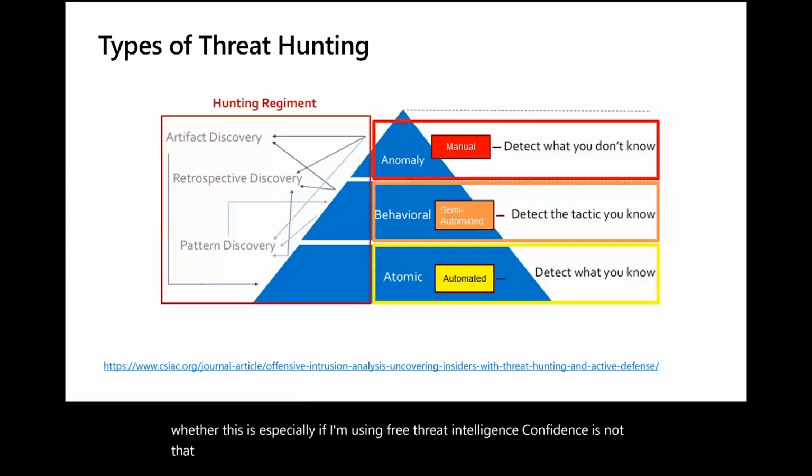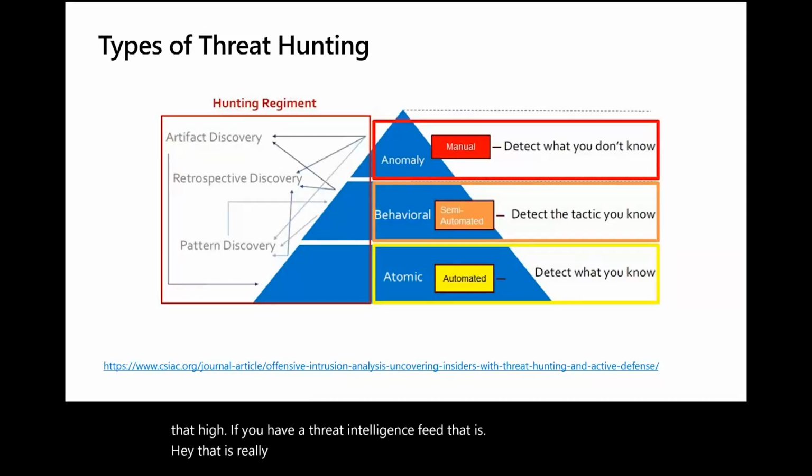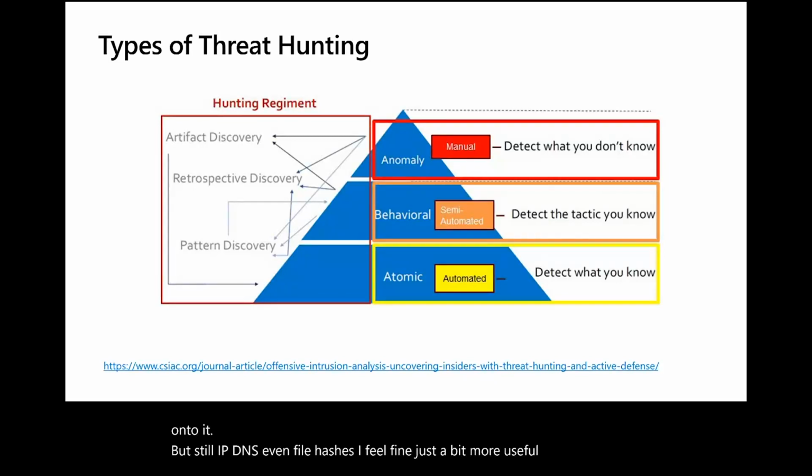If you have a threat intelligence feed that is paid, that is really high fidelity, definitely I think you can put more confidence onto it. But still, IP, DNS, even file hashes, I feel file hashes are a bit more useful, at least still sometimes.